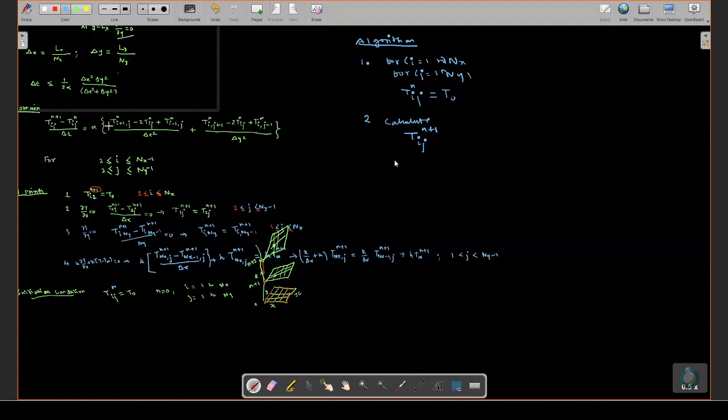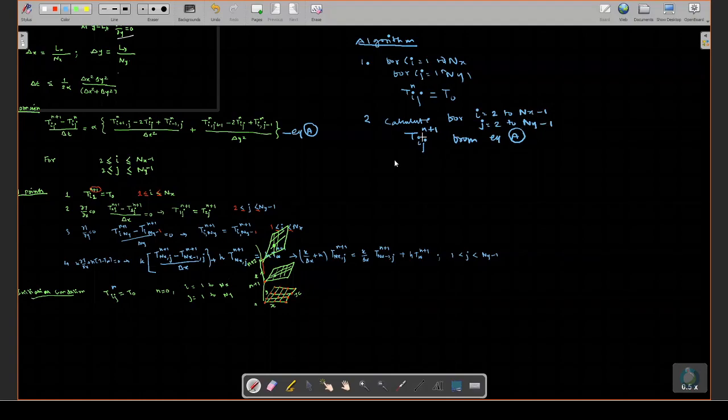For these, i runs from 2 to nx minus 1 and j runs from 2 to ny minus 1. These are all interior points.